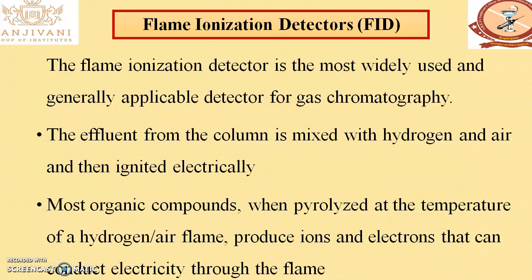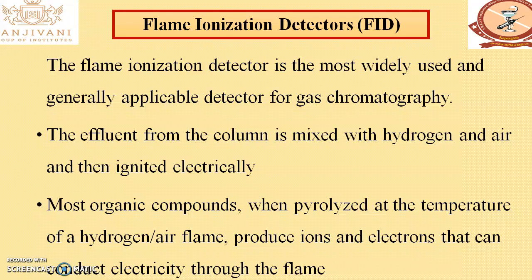Apart from this, the positive points of the flame ionization detector are low cost, ease of use, speed of response and ruggedness. The only major disadvantage associated with the flame ionization detector is that it is destructive of the sample.